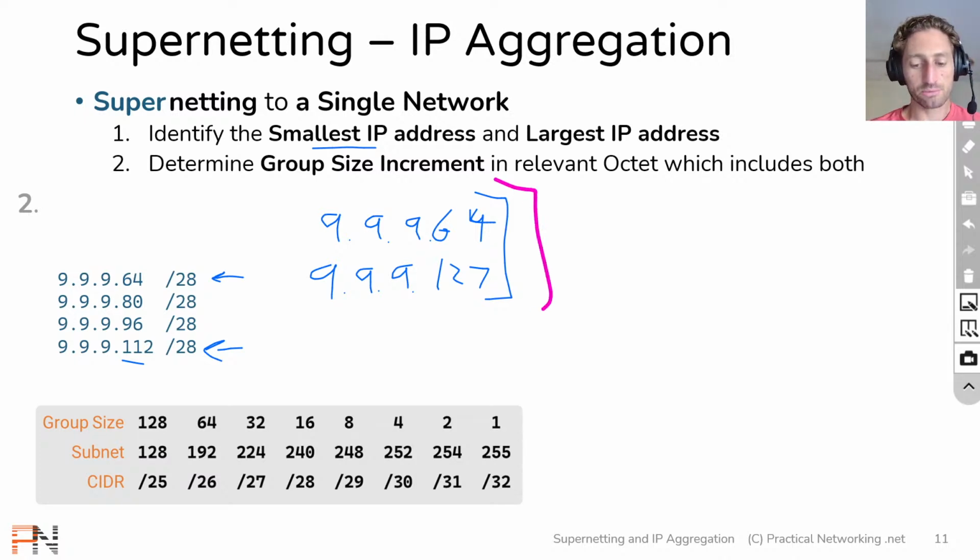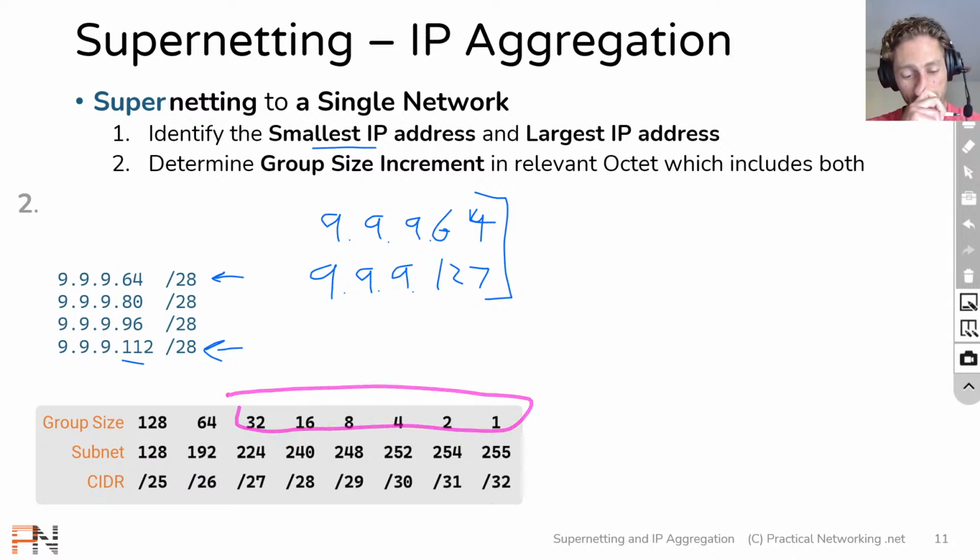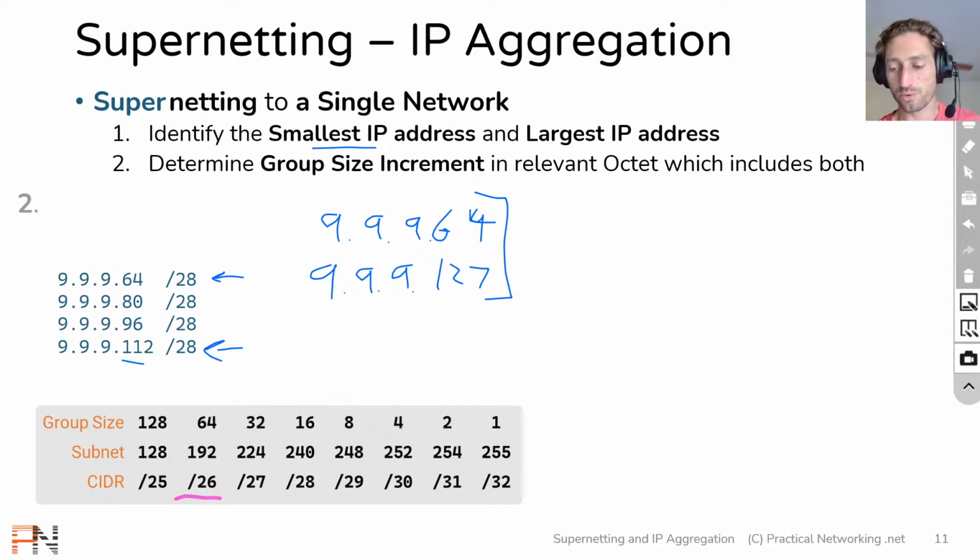If you subtract this out, 127 minus 64, that will get you 63, which should get you to jump right to the /26, because all of these are going to be too small. And then if you do the network IDs for /26, you'd end up with .0, .64, .128, .192.